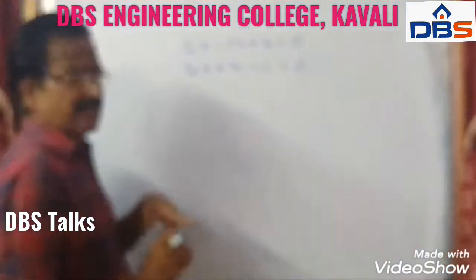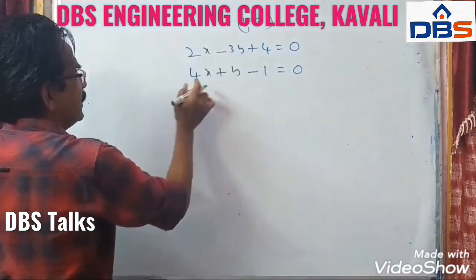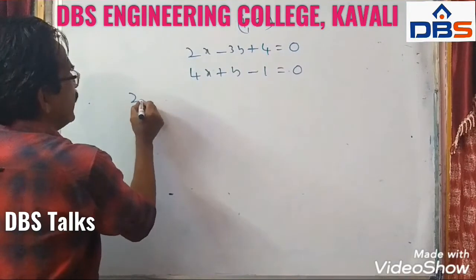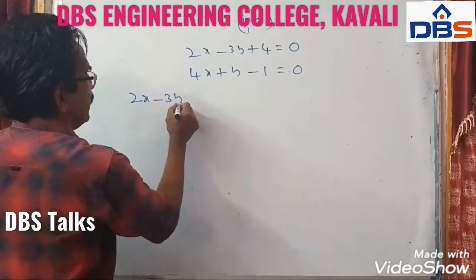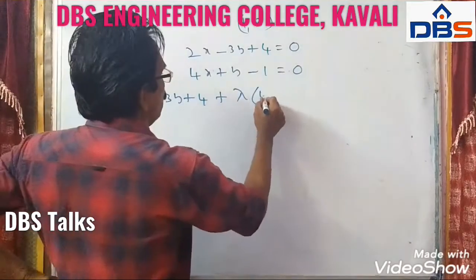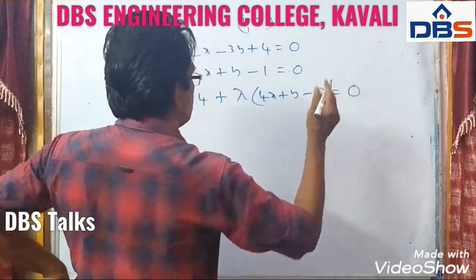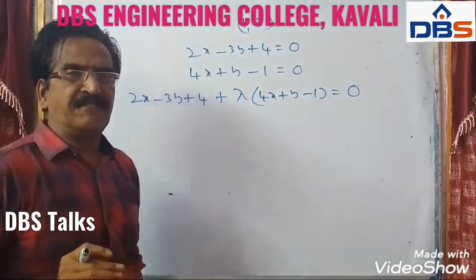Equation of a line through the point of intersection of these two lines is 2x minus 3y plus 4 plus lambda into (4x plus y minus 1) is equal to 0. This is the required form, friends.